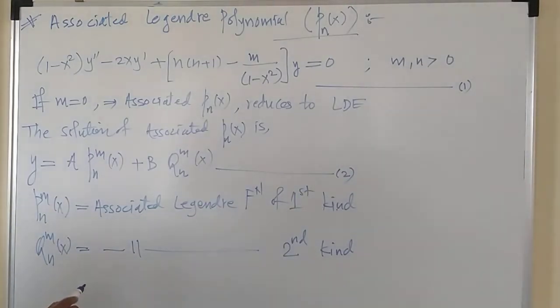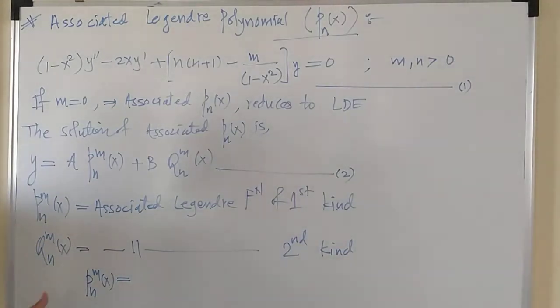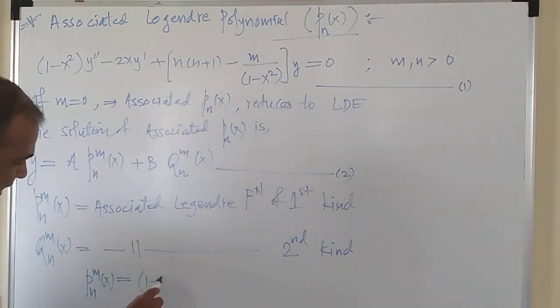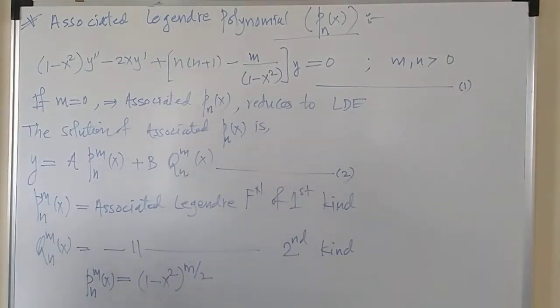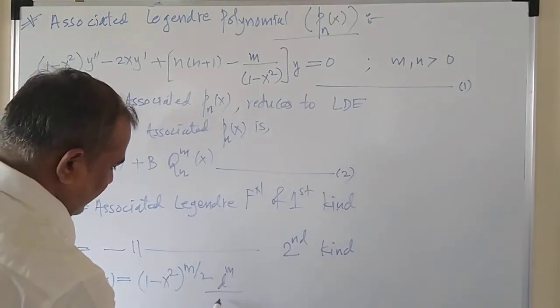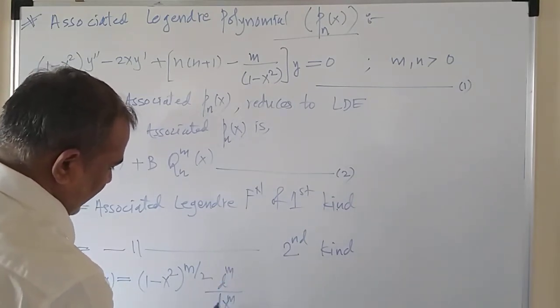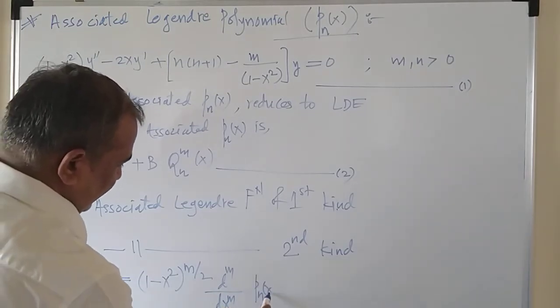Pn m of x equals (1 minus x square) raised to power m by 2 into the mth derivative, d^m by dx^m, of Pn of x.